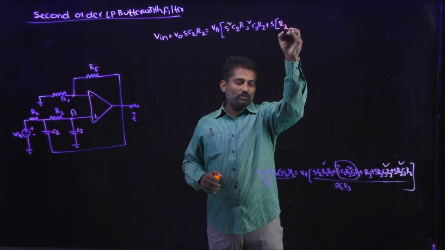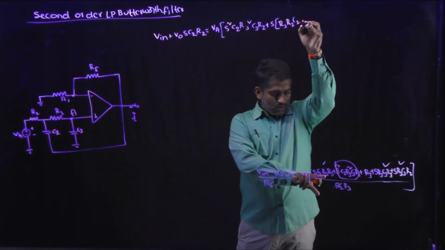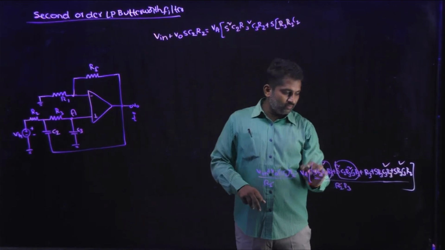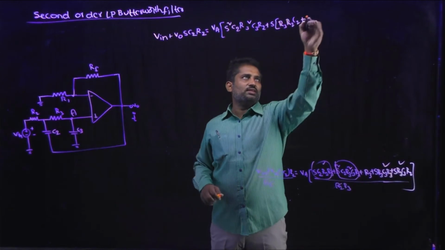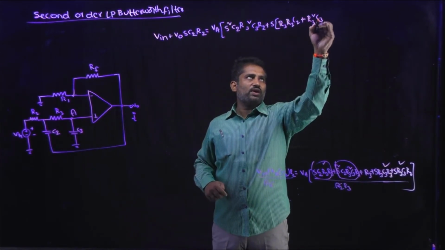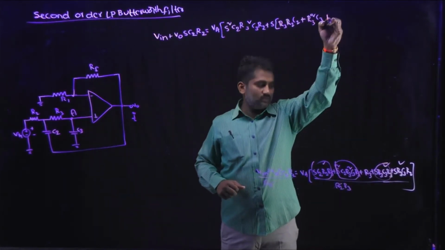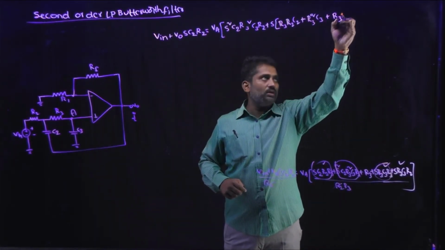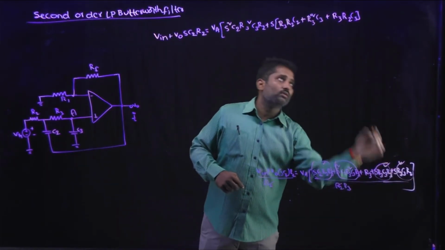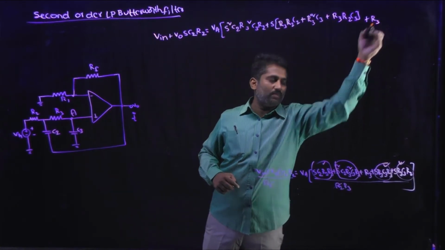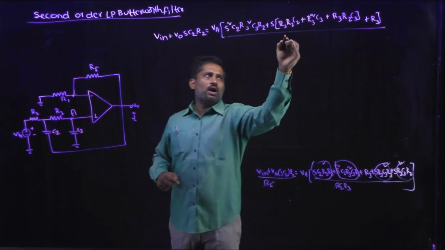S into what do we get? R3 R2 C2, and this is over, and then next plus R3 square C3, this is also over, and plus R3 R2 C3, so this is also over. Finally we get the constant term as R3, and the whole divided by R3.